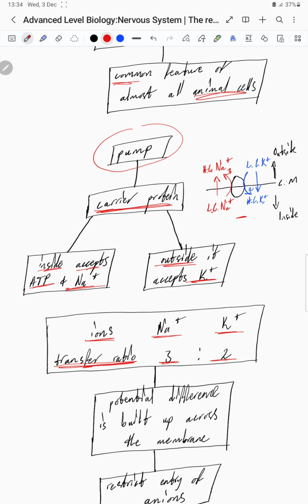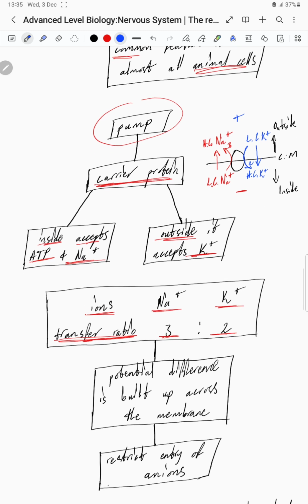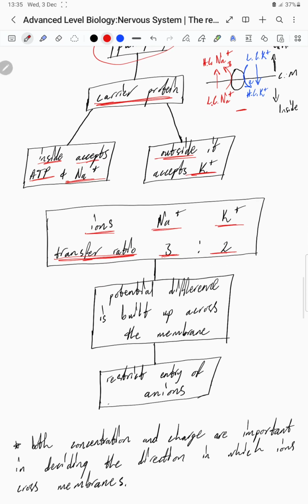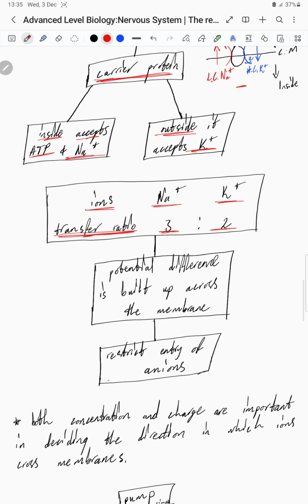So active transport is one of the means of maintaining the resting potential. As we have seen, this is already making the inside of the cell negative and the outside more positive. That's producing the potential difference we were talking about. Okay, so let's move on further. So potential difference is built up across the membrane.